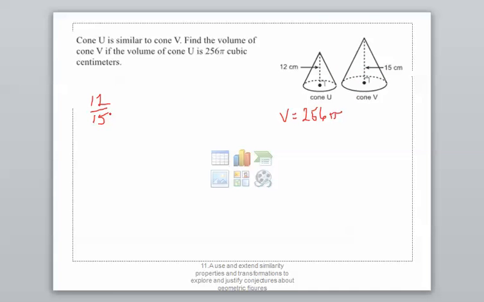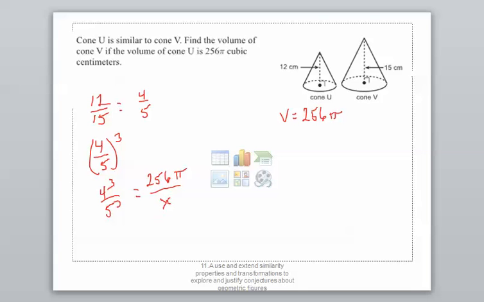12 over 15, well, that simplifies a little bit into 4 over 5. I like dealing with 4 over 5 better. And since we're talking about volume here, I'm going to take 4 over 5 to the third power. And that 4 over 5 to the third power, well, that's 4 to the third power divided by 5 to the third power, is going to be equal to the 256 pi over some x.